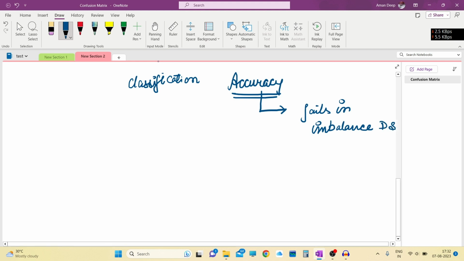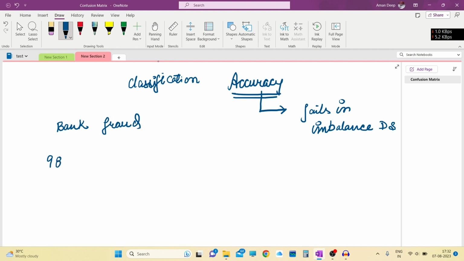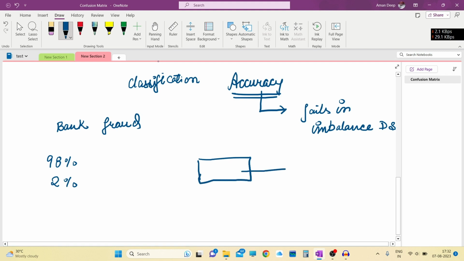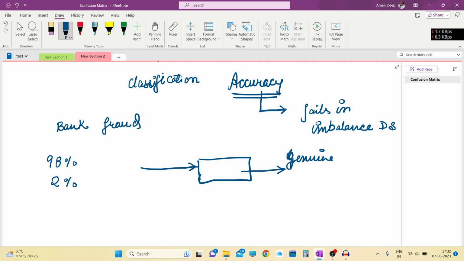Let's see with an example again, the bank fraud case. Consider a situation where we have 98% genuine cases and 2% fraud cases. Now if I have a model that is always classifying the transactions as genuine, whatever input I give it, it says it is genuine, which means it's a lazy model, a useless model.